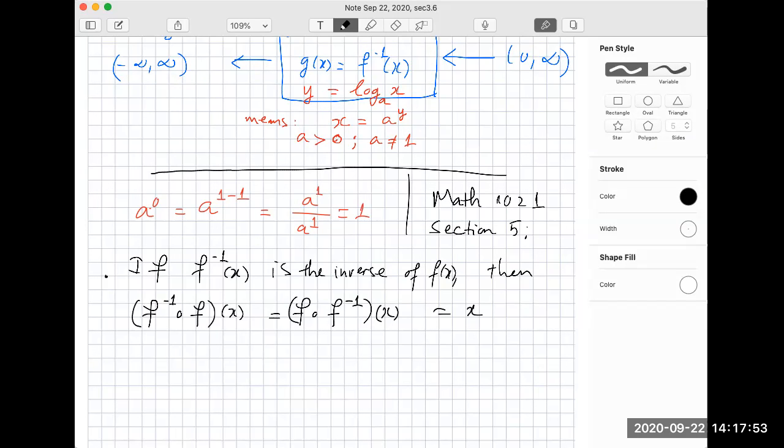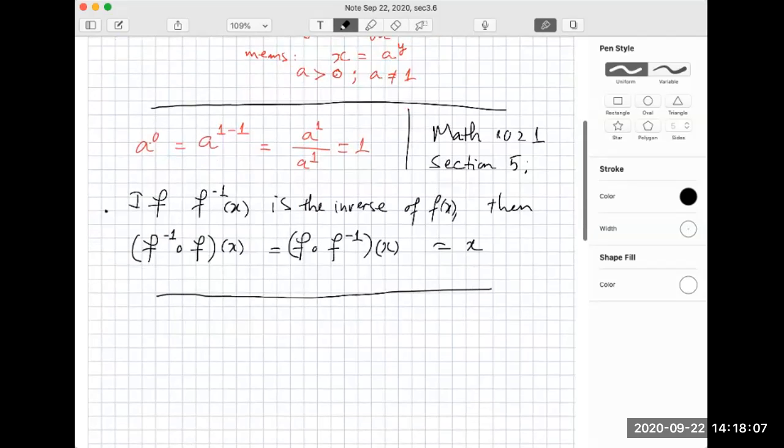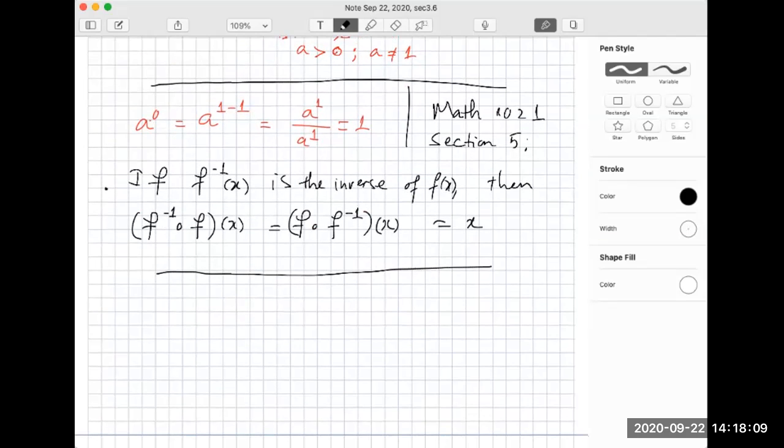This is a very beautiful property. So then we have the formula. These are the inverse function and its properties. And now we have the derivative of logarithmic functions.